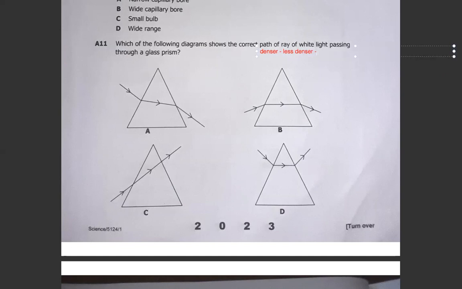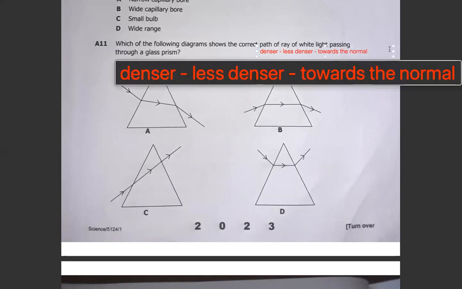The ray of light bends towards the normal. And if the ray of light is moving from a less dense to a denser medium, it bends away from the normal.